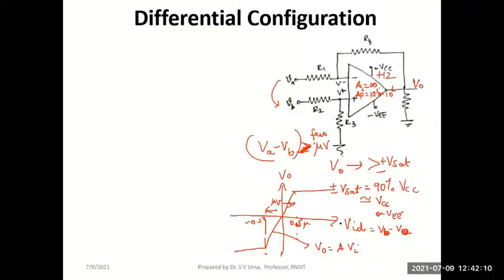If this differential input voltage is more than 0.5 micro or 1 micro, the output of the op-amp will continuously remain in positive saturation. And if that differential input voltage is less than minus 0.5 micro or minus 1 micro, the output will remain in negative saturation. So you can't use the op-amp at all as an amplifier if it is something like this. We can't give such low input voltages.